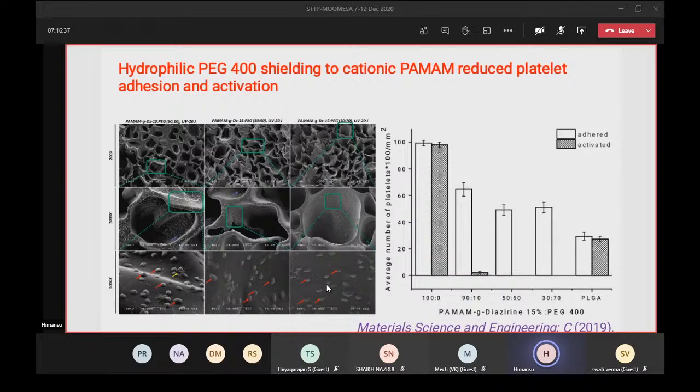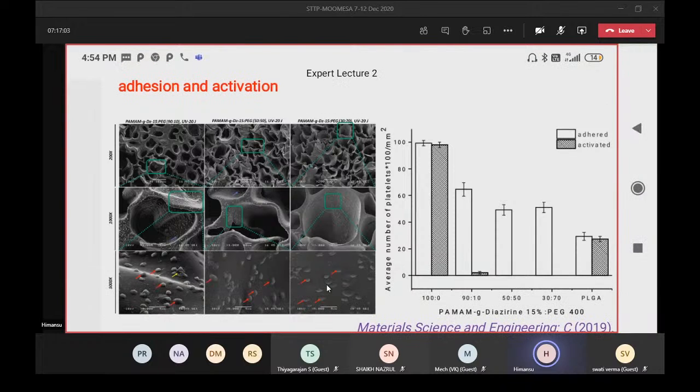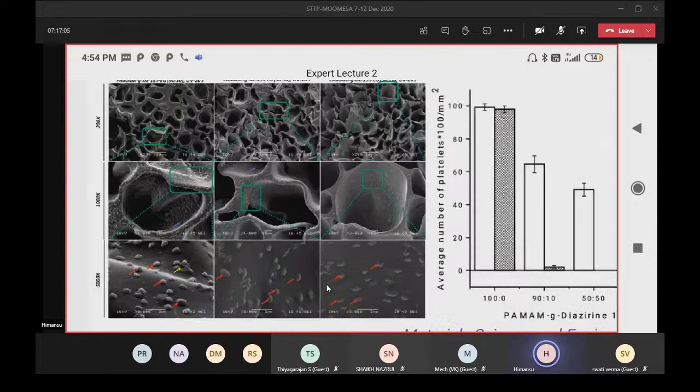So PEG 400 is not only giving us hygroscopic properties, it is also shielding all the cationic structure domains. As a result, it can create a neutral surface, which again has the advantages of low platelet adhesion and activation. You could see here a lot of porous structure could be prepared, and this porous structure could be very strong.